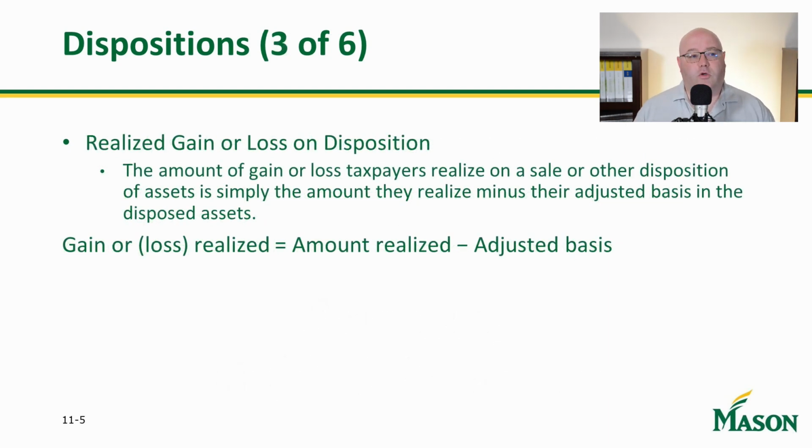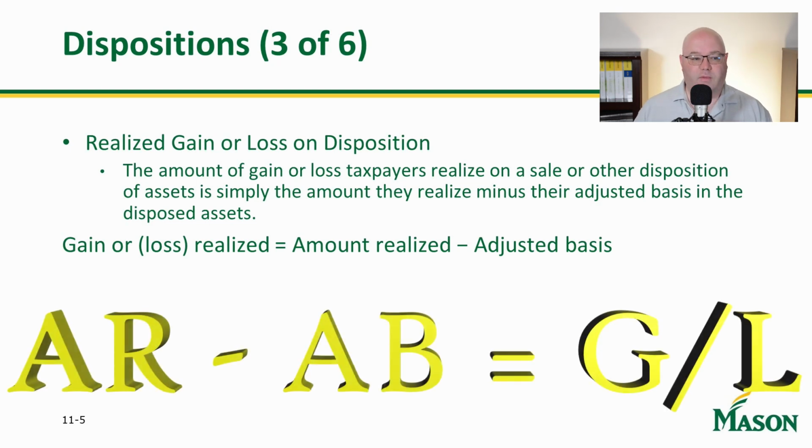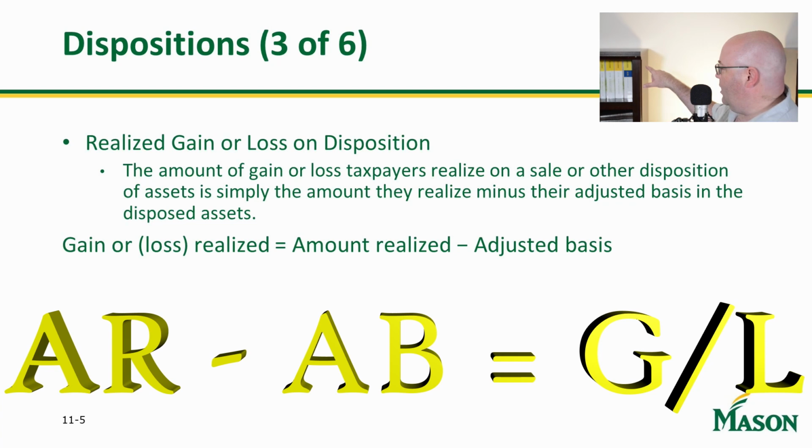Okay. So the realized gain or loss on the disposition, this is where you got the amount realized minus the adjusted basis. Usually when I'm in the class, I'll write up a formula that just says AR minus AB equals G/L. AR minus AB equals G/L. And that's something you probably want to have when you're doing your test, on your little notes.